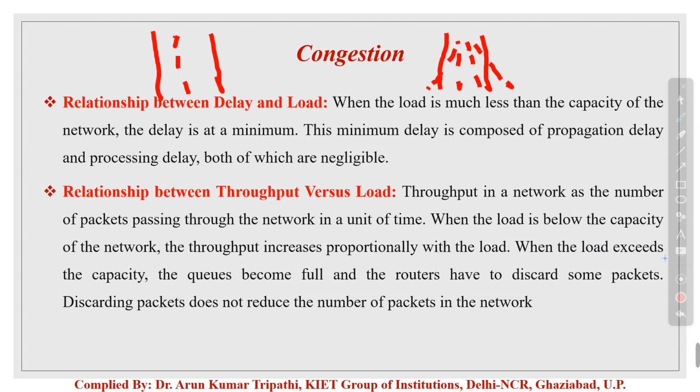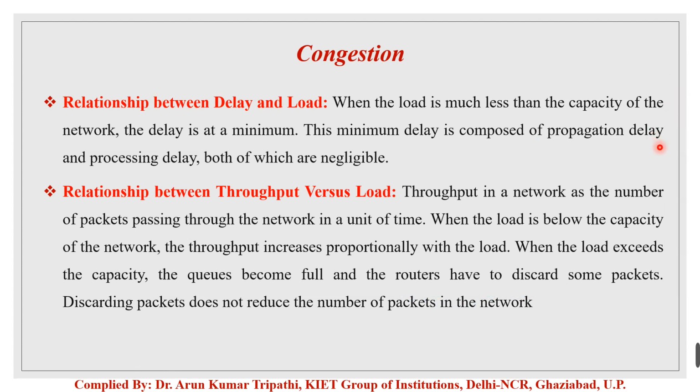When the load exceeds the capacity, the queue becomes full and the router has to discard some packets. Discarding of the packet does not reduce the number of packets in the network, because as the sender's timer runs out, it will retransmit the same data packet once again. So this is one of the issues.